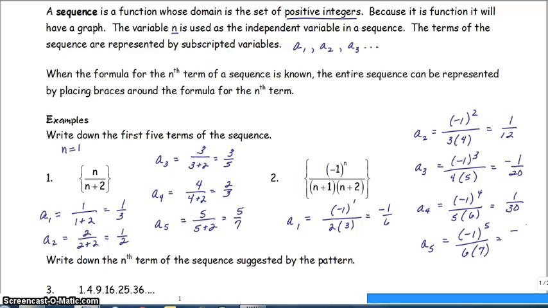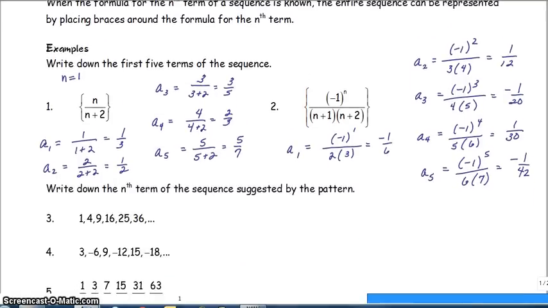So now we'll have a negative 1/42. So notice that with the odd values of n, we have negative answers, and for the even values of n, our terms are positive. So a sub 1 would be -1/6, a sub 2 positive 1/12, a sub 3 -1/20, a sub 4 positive 1/30, and a sub 5 negative 1/42.